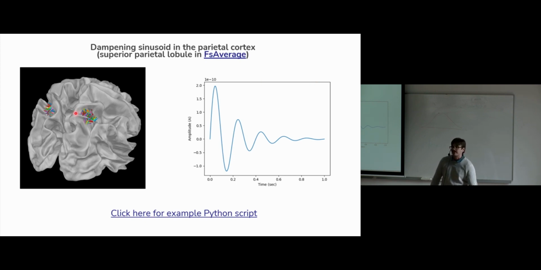I'm looking at the back of the brain here, and these are just the two areas of activation. What I'm simulating is just a dampening sinusoid, which you can see on the right. This is the only thing that this brain is generating besides noise, so I should be able to see this in an event-related potential.